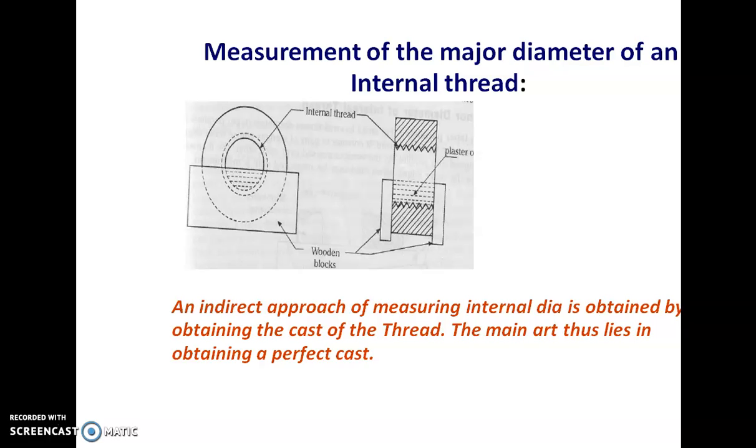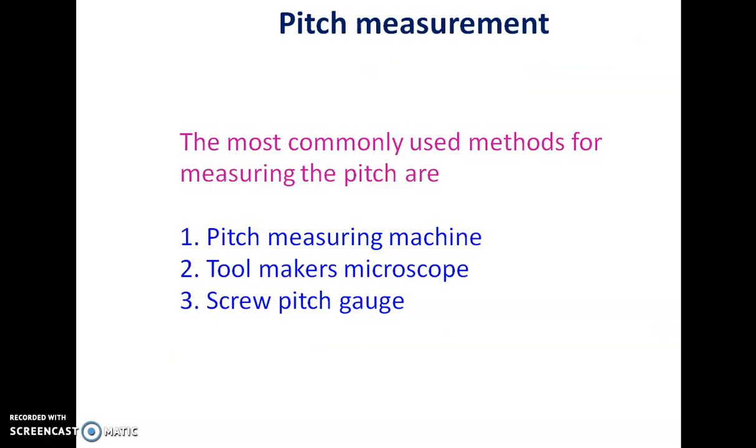An indirect approach of measuring the internal diameter is by obtaining the cast of the thread. The main art lies in obtaining a perfect cast. After obtaining the cast, the diameter is measured using micrometers, and thus the major diameter of the internal thread can be measured. It is an indirect approach.